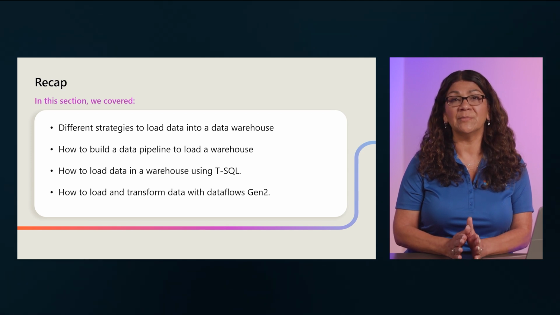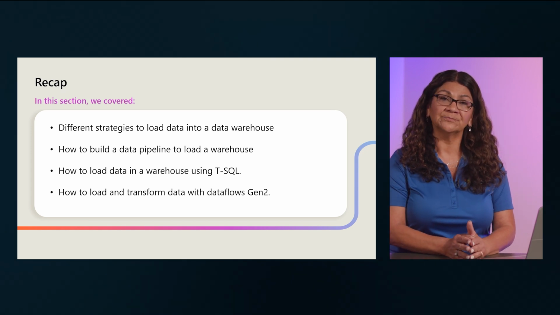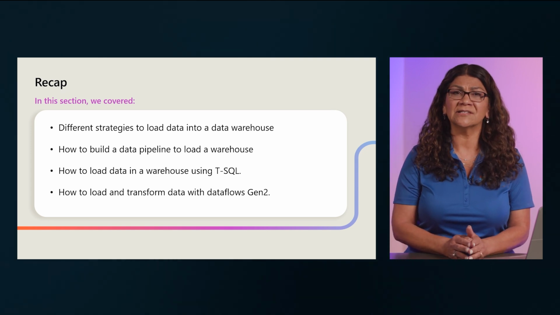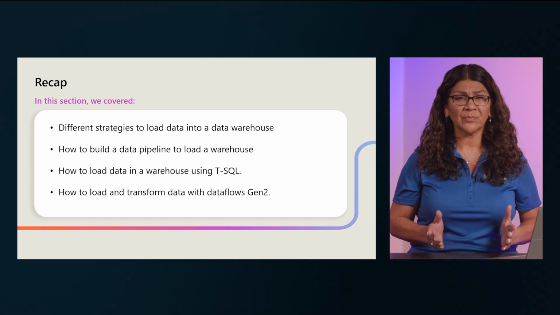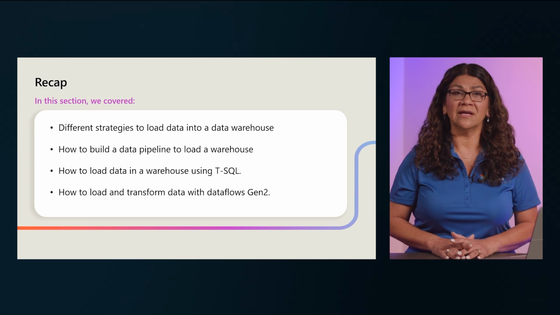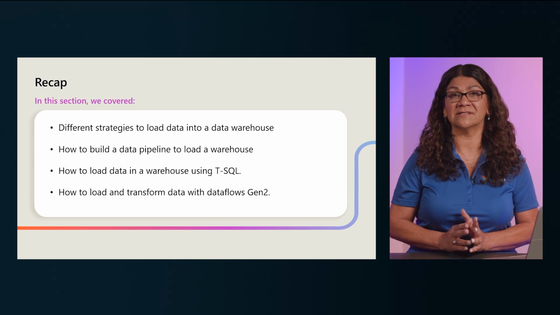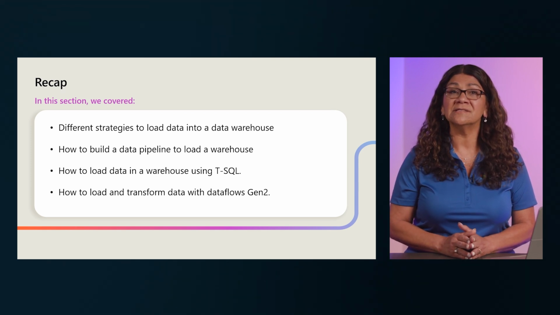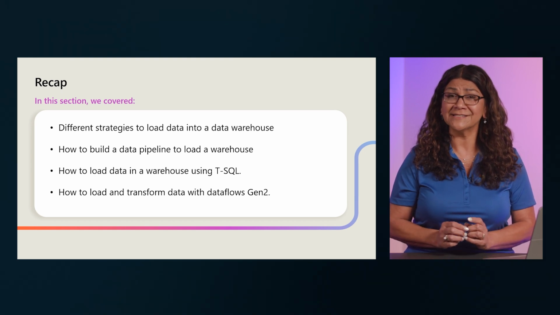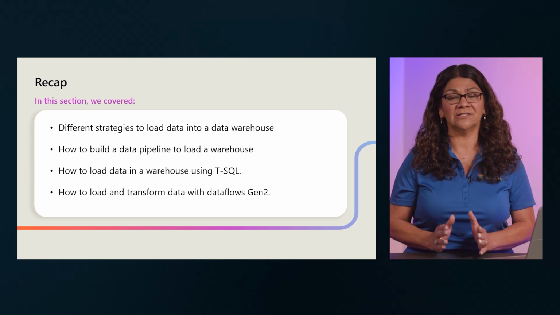We looked at the copy data wizard available in pipelines as a way to load data, and saw many other ways to load data with T-SQL's copy into statement, using the 3-part name in the create table as select and insert select statements. We noted that Dataflow Gen 2 could be used to both load and transform data. And lastly, we saw we could transform data with Copilot too.